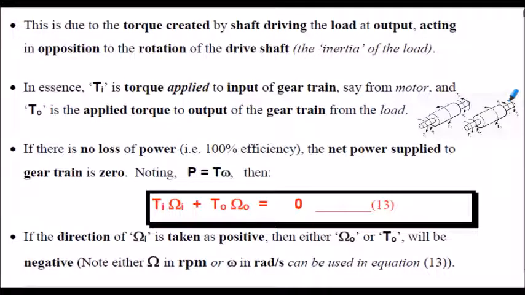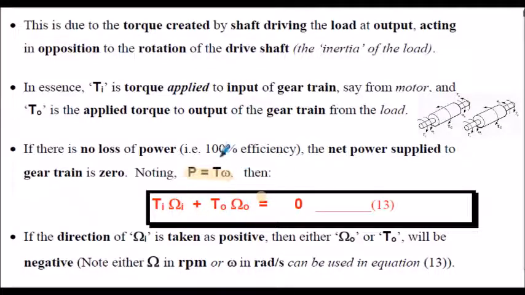And also we need to consider the power requirements as well. You've seen this equation, P is equal to T omega. And again, I'm using angular velocity omega here, and notice in equation 13 I'm using the capital Omega, because again we can use interchangeable units here, revs per minute or radians per second, in this particular equation. What I'm showing you here is the power output and power input.